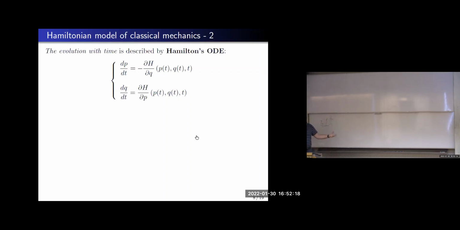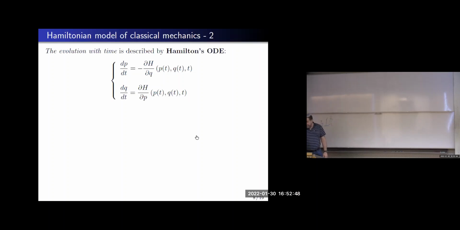And as we know from the first ODE course, if you have such a system, then any initial condition determines a unique solution of the system. So for each (p,q) you have a unique solution in t which passes through that point (p,q) at the moment 0. And this solution is defined over a certain period of time, but let's for simplicity assume that all our solutions at all points are defined for all times.